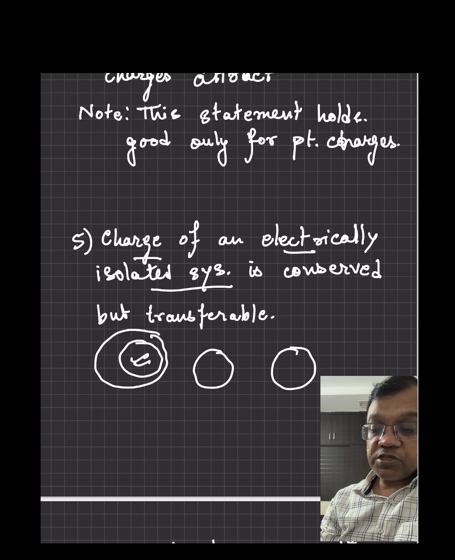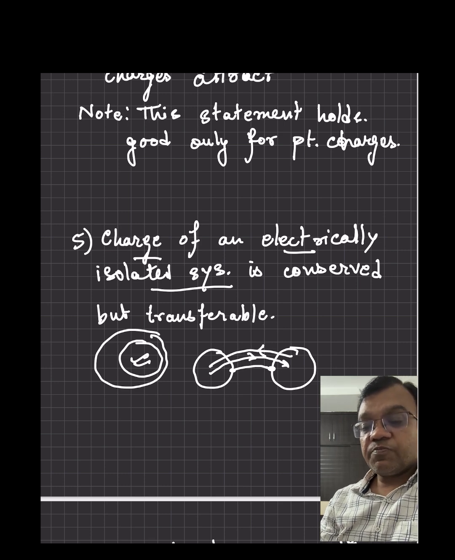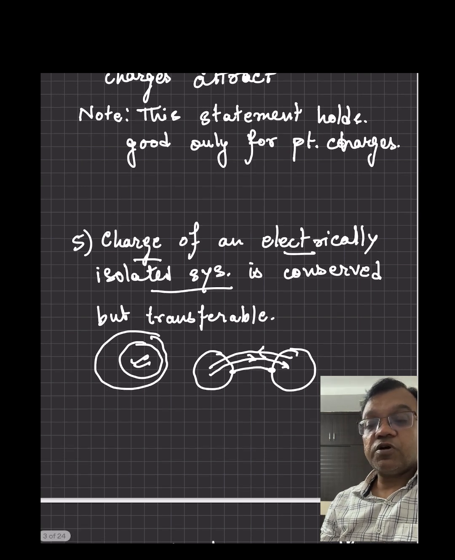Let us say two bodies are kept in electrical contact; you will understand electrical contact slowly. Then transfer of charge will take place from one conductor to the other, or vice versa, depending upon their potentials, etc. This is why we say charge is transferable. Charge can be transferred from one body to another.